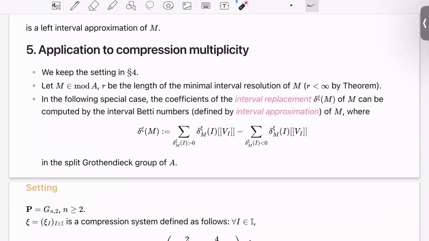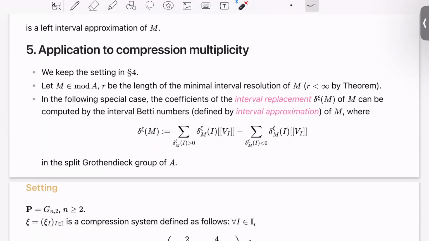The coefficients of the interval replacement of M can be computed by the interval Betti numbers of M. And here, the interval Betti number is related to interval approximation. This means that the interval replacement is given by Möbius inversion of some multiplicity. Later I will explain. These two kinds of approximations are connected to each other in this case.